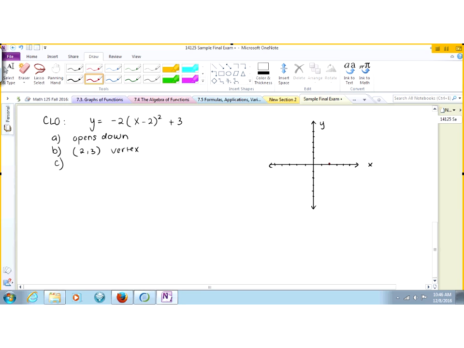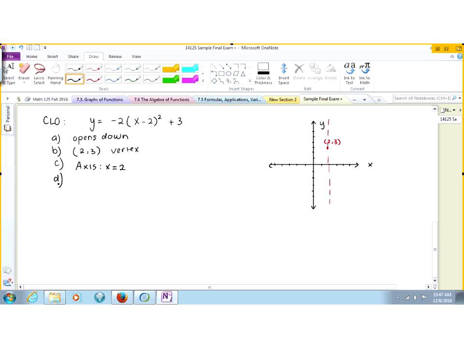Okay, so 2, 3 is right here. All right. And my axis, is it vertical or horizontal? Vertical, yes. So what is the equation of the axis of symmetry? x equals 2, that's right. All right, yes, x equals 2.